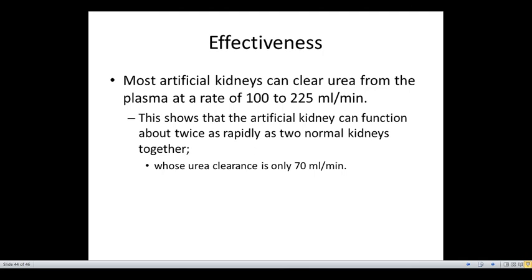This shows that the artificial kidney can function about twice as rapidly as the two normal kidneys together, whose urea clearance is only 70 milliliters per minute.